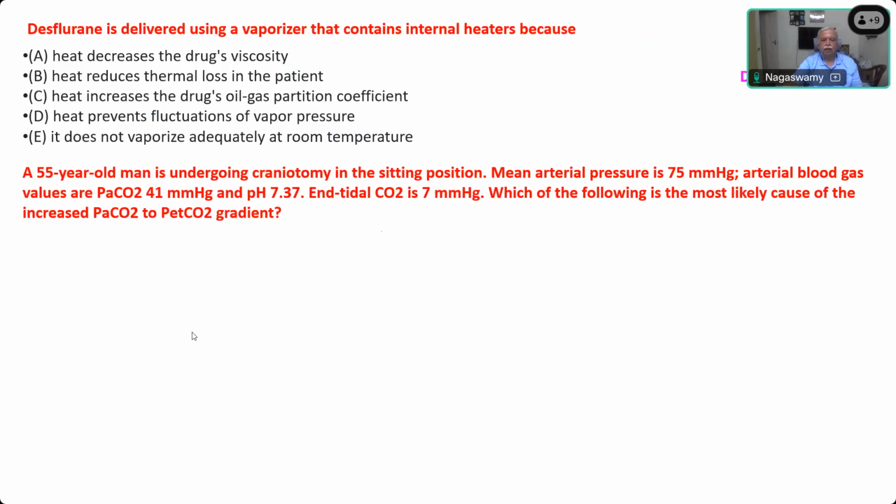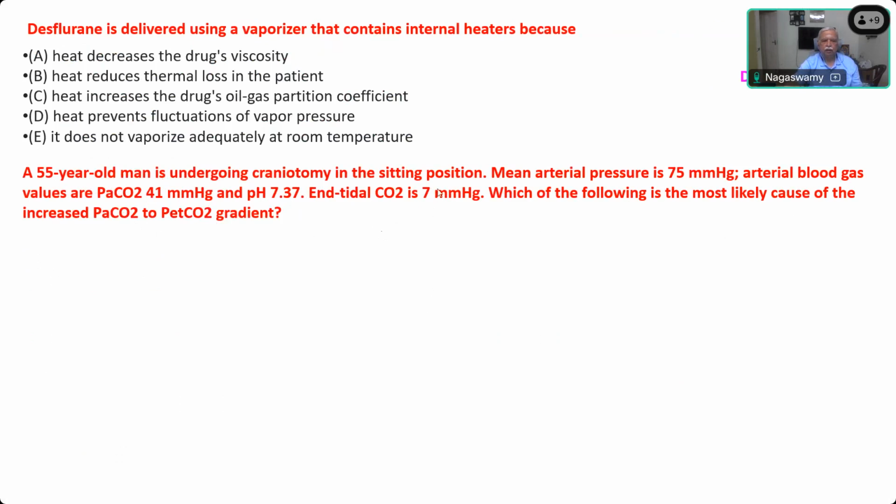A 55-year-old man is undergoing craniotomy in the sitting position. Mean arterial pressure is 75 and the blood gas values show PaCO2 41, pH 7.73, but end tidal CO2 is 7 millimeters. Which of the following is the most likely cause for the increase in the PaCO2 gradient?